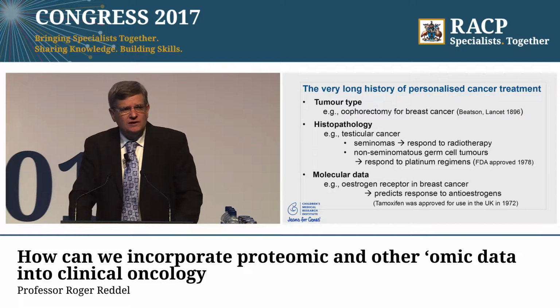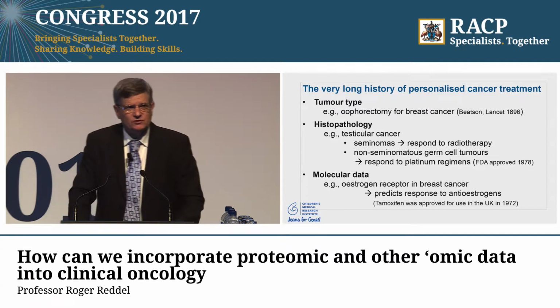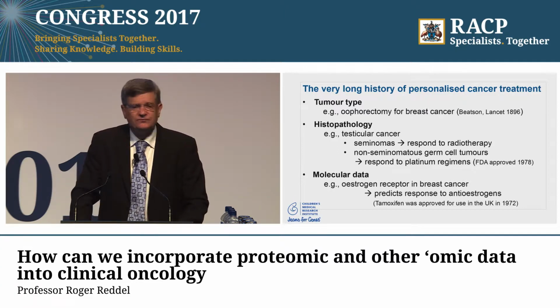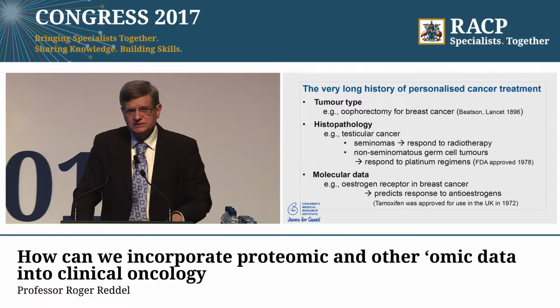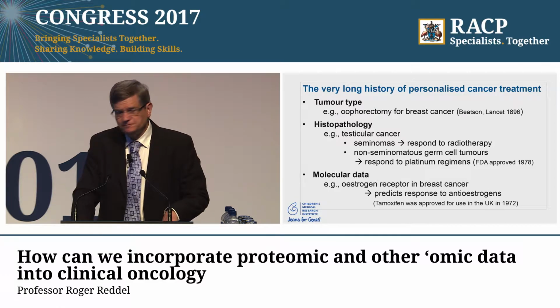And then the third level of personalisation is with molecular data. And again, this is a concept which has been around and which is very familiar, I'm sure, to everybody in the audience. The use of molecular data such as estrogen receptor, so the presence of this single protein predicts that breast cancers will respond to anti-estrogens.